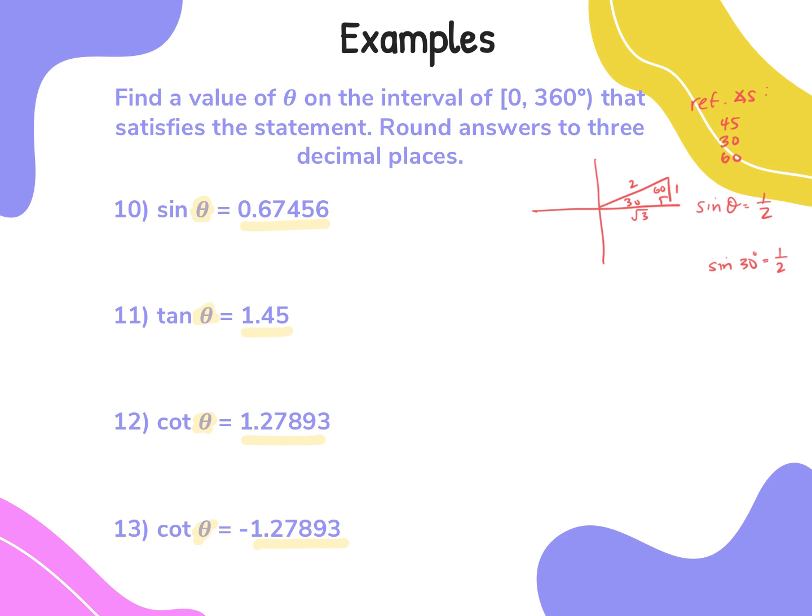However, it isn't the only one, because the sine is positive in quadrant 1 and quadrant 2, not 3 or 4. But I know in quadrant 2, if I have this reference angle of 30 degrees, the sine of that one is also a positive half.